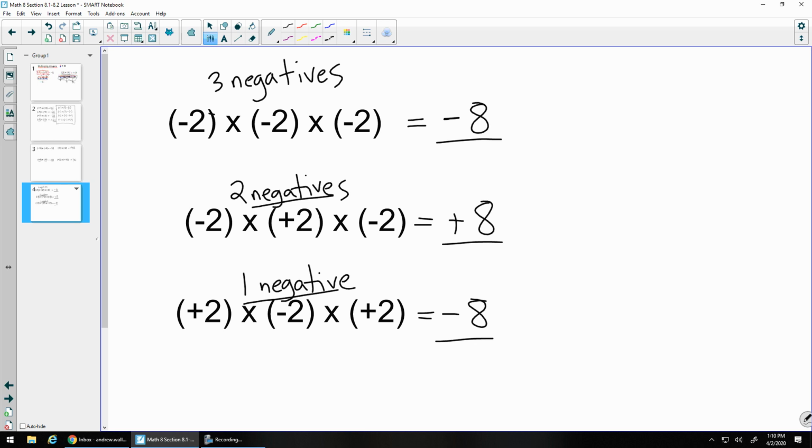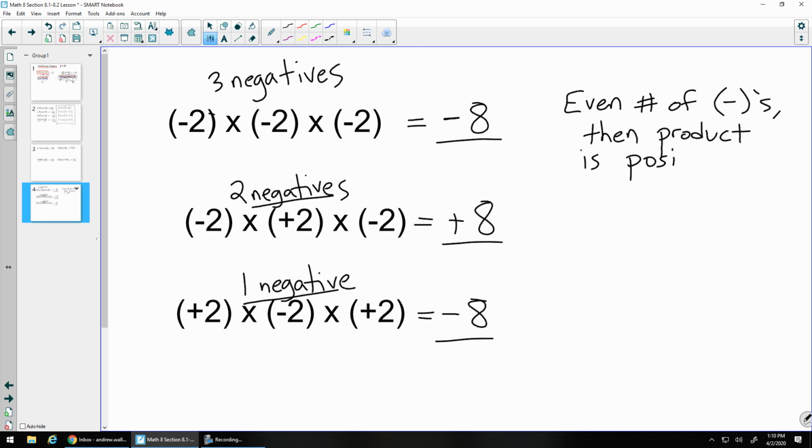And so the general rule for equations that are longer than 3 is if there is an even number of negatives, then the product, only if you're multiplying, not if you're adding or subtracting, the answer of the multiplication, is going to be positive.